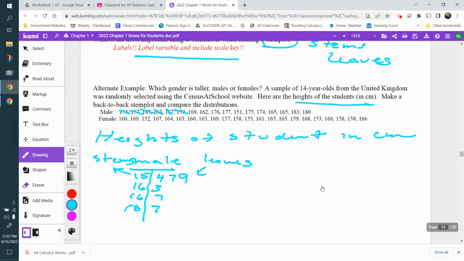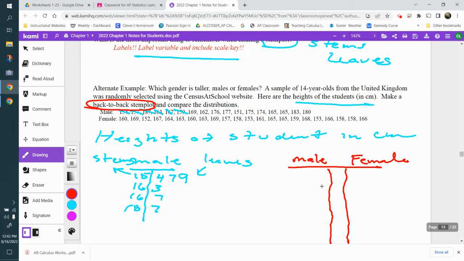But then we also have ones like they say here, back to back ones. Back to back ones would be for data like this. So I'm going to do this. Sorry about my horrible lines. We go like this, and then I'm going to go male, and then I'm going to go female.